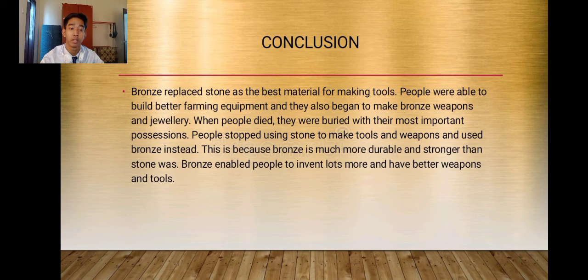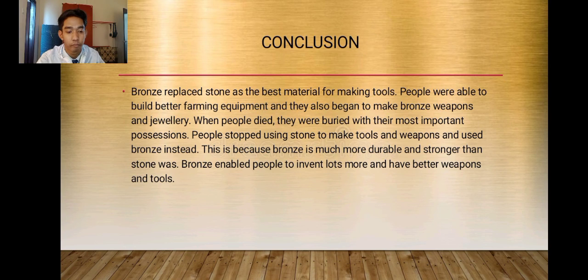The last content is conclusion. The conclusion is bronze replaced stone as the best material for making tools. People were able to build better farming equipment and they also began to make bronze weapons and jewelry.